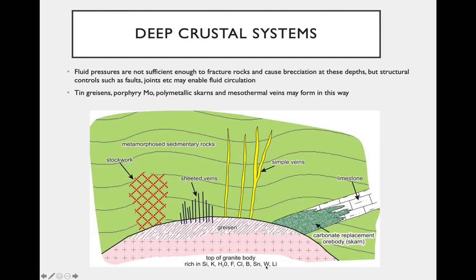So tin and tungsten are concentrated more proficiently in these reduced systems, and we can form things like sheeted veins or simple vein systems. We might also get moly and the like in here, and we could produce pegmatites with unusual minerals like lithium.